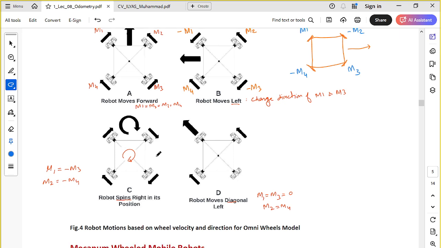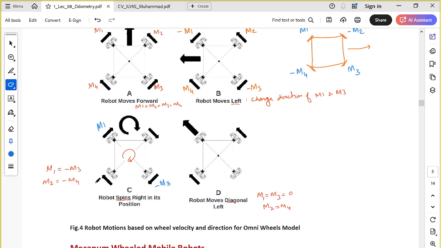Similarly, if we want the robot to spin in place, for example in the clockwise direction, how can we do it? In this case, we change the direction of the motors. M1 will remain the same, but we change the direction of M3.